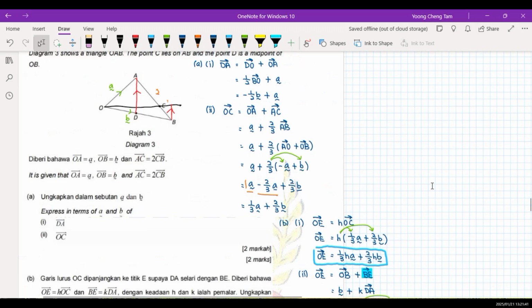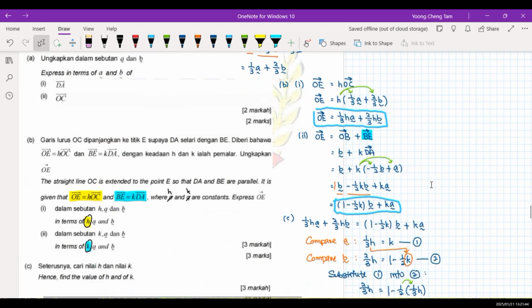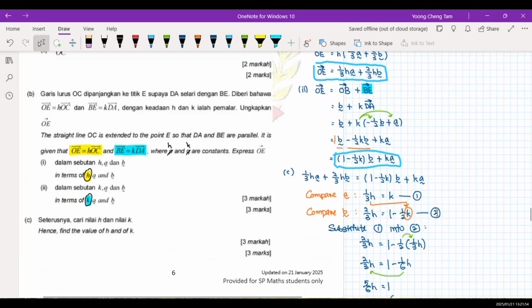Then question B will ask you to find the same vector but in different terms, maybe HK, or sometimes PQ. Last, question C, you need to solve the simultaneous equation. Before you solve it, you need to compare the vector. In this question, we have vector A and vector B, so you just compare the vector and solve the equation to get the value of the unknown.